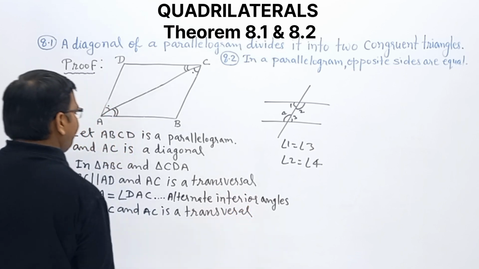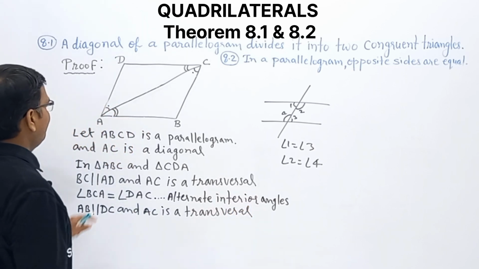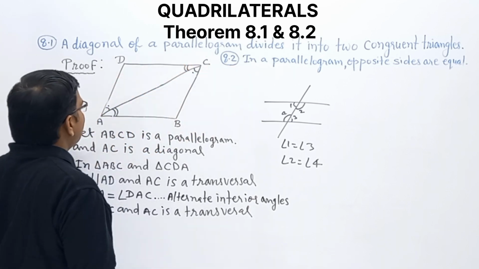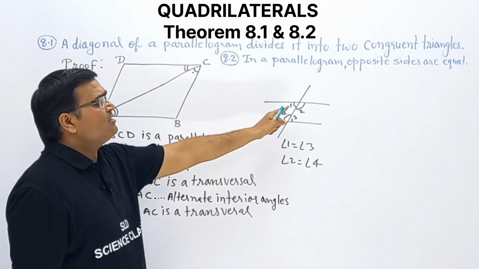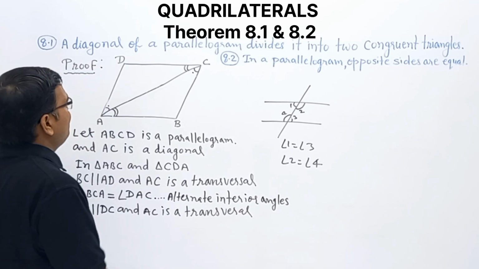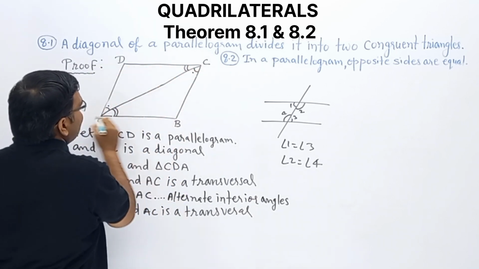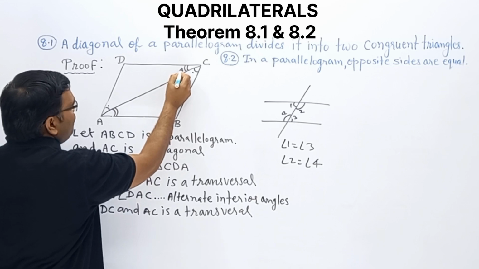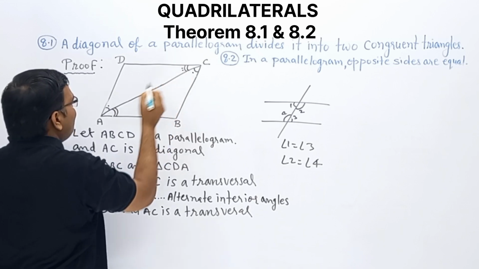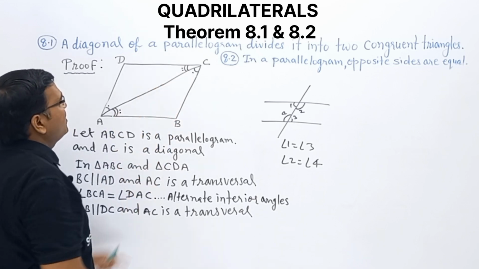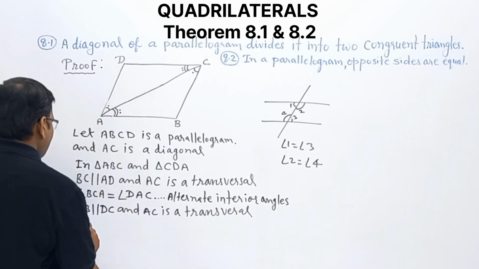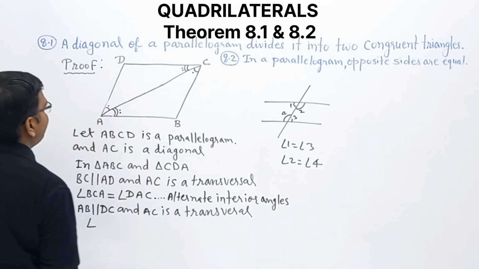Then what can we say? These two lines are parallel like this and one transversal is there. Then by the same process, alternate interior angles are equal. It means this angle will be equal to this one, yes or no? This angle will be equal to this one. Why? Alternate interior angles.